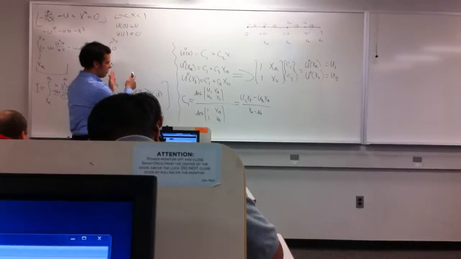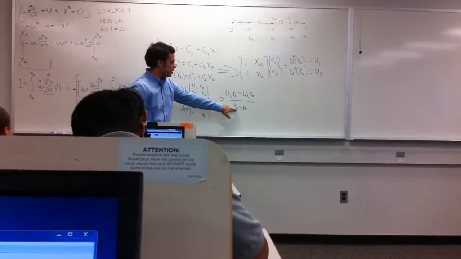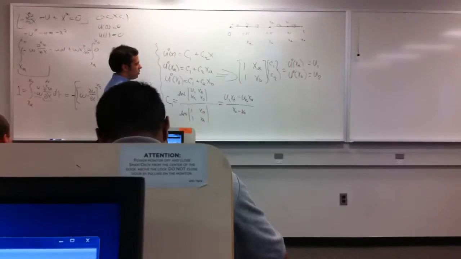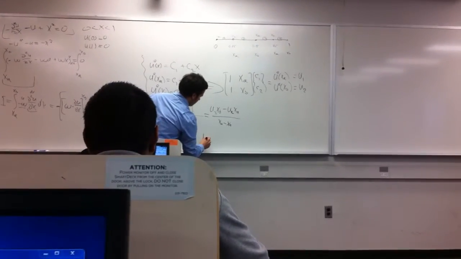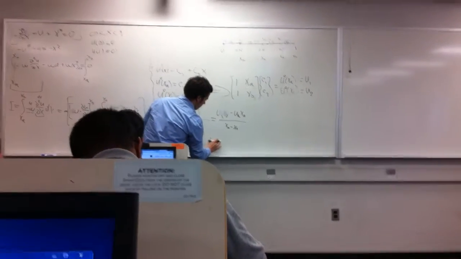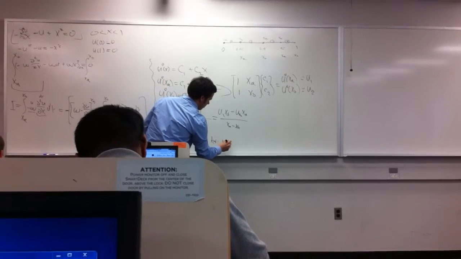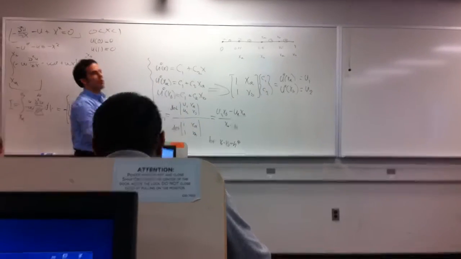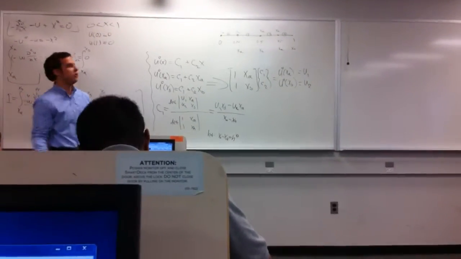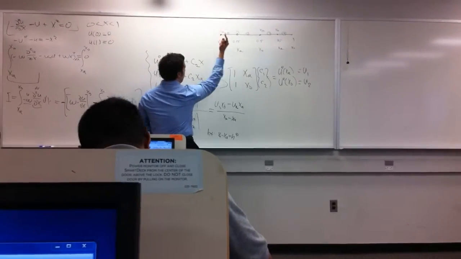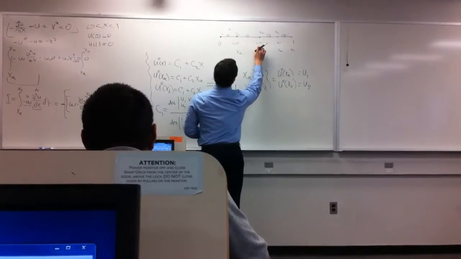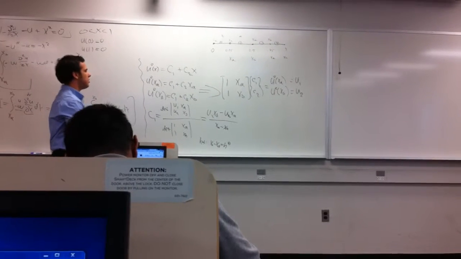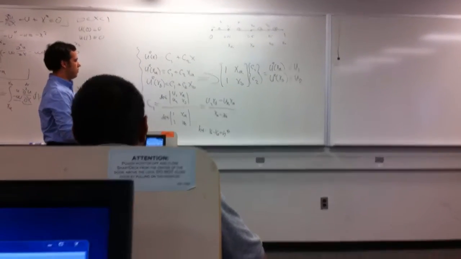I'll come back to this. So XB minus XA, XB minus XA, we can replace with another symbol. Let H equal XB minus XA. So H_e is pretty much the length of your element. This XB minus this XA, that's an H. Just for keeps, we can do that. No problem.